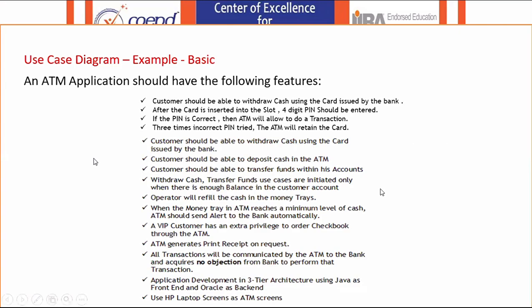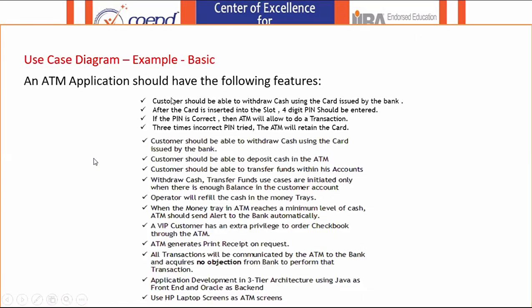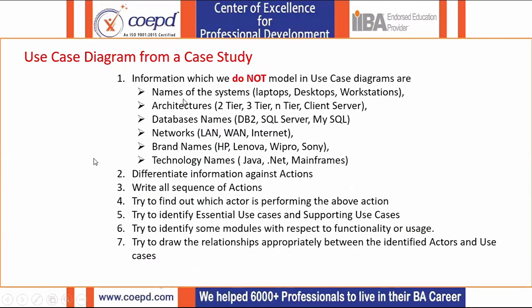Once we have captured the inputs from the client, again we have to give a chance to take some snapshots. First, how to draw the use case diagram is, in the given inputs, you have to find out which is information, which is not information, which is an action. What is information? What is an action? Means we need to differentiate information against actions. Then we have doubt what do you mean by information?